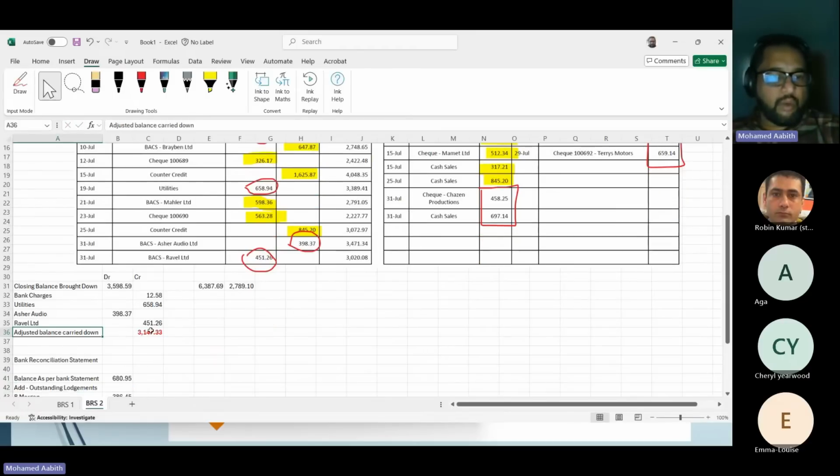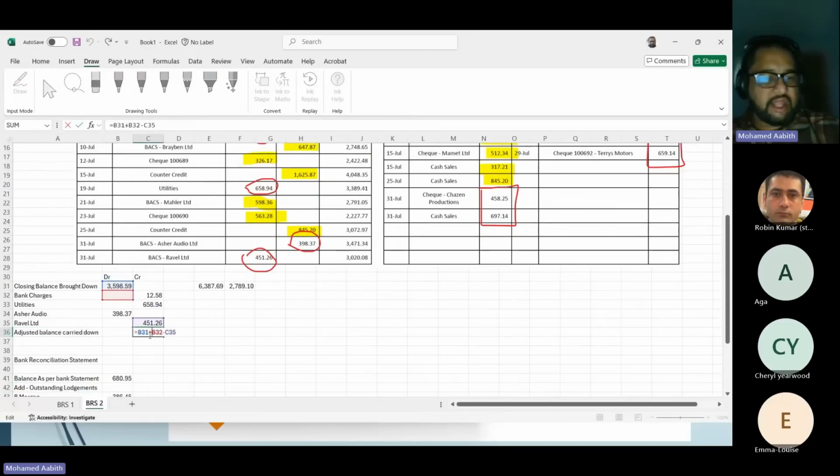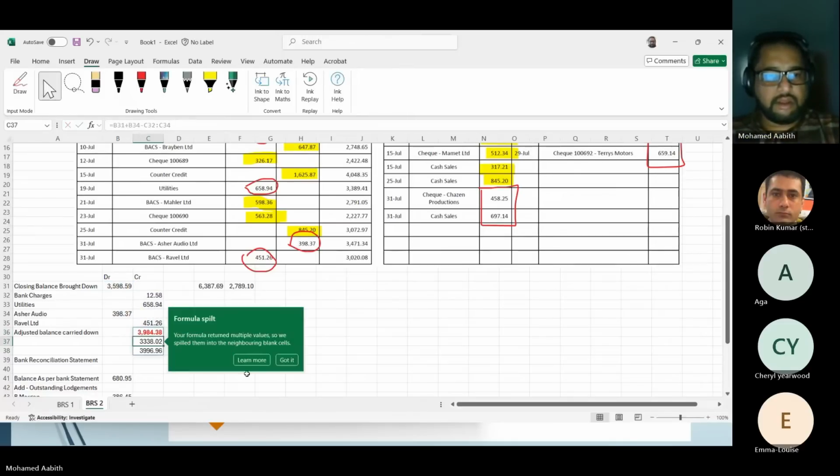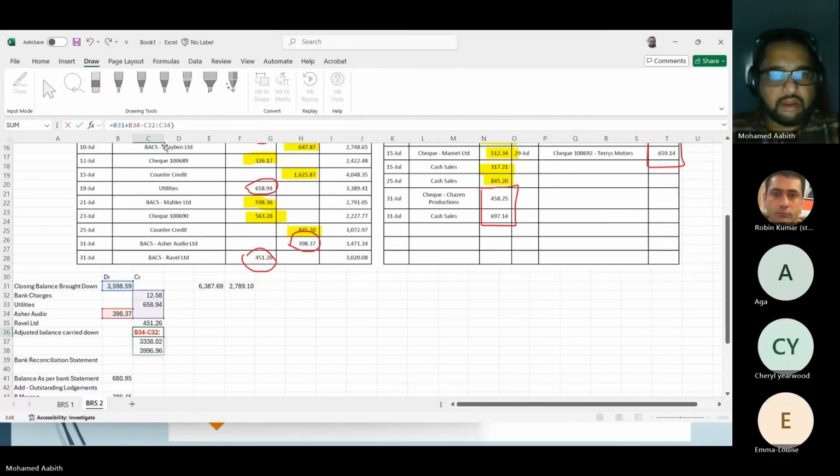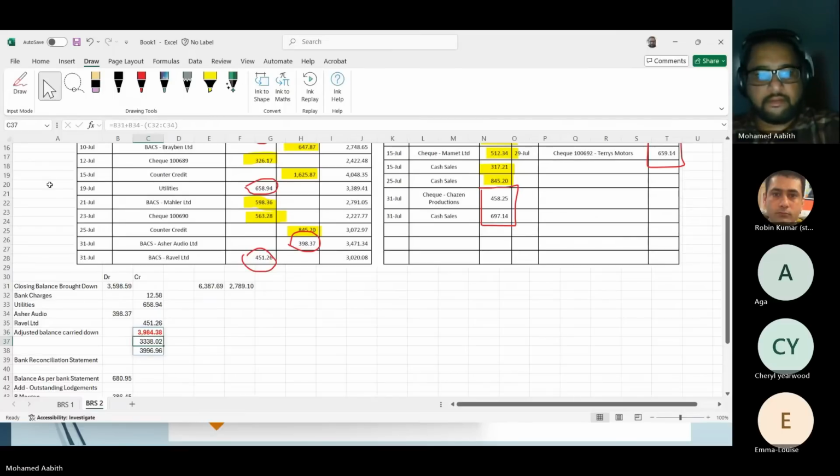Okay, so now what we can see here, the number I'm going to get is going to be equal to that plus that minus that. Now I should put a formula properly.